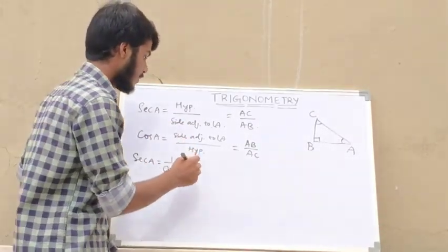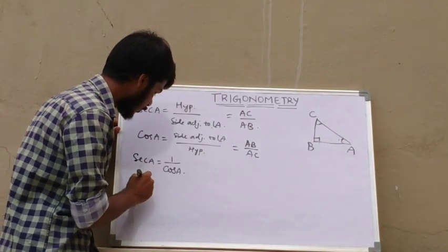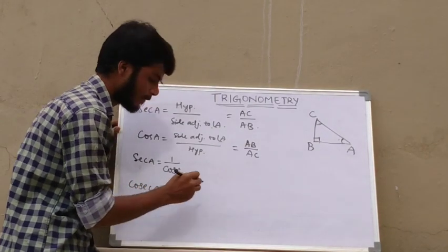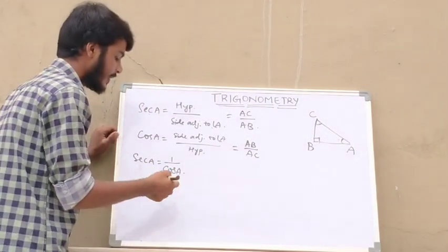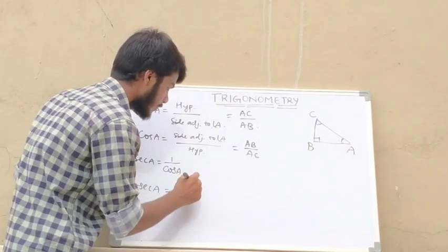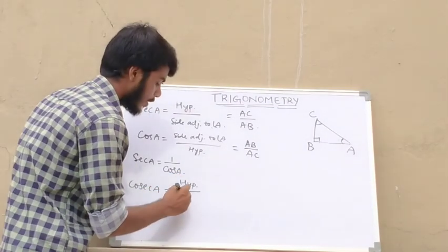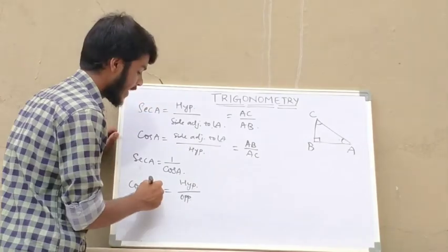Similarly, when it comes to cosecant A, the definition is hypotenuse by opposite to angle A, whatever the angle may be.